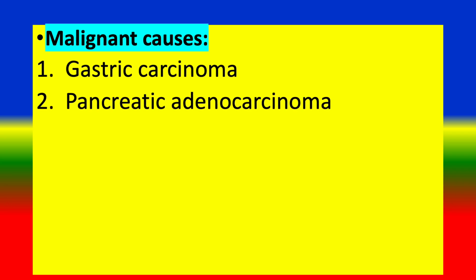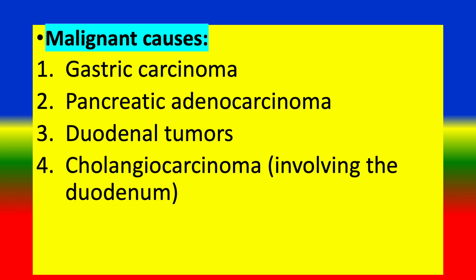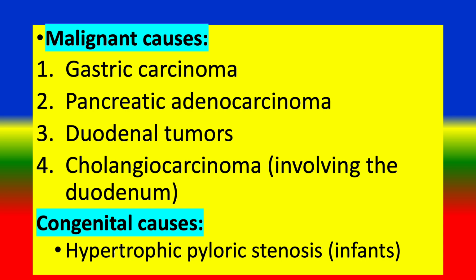Gastric carcinoma. 2. Pancreatic adenocarcinoma. 3. Duodenal tumors. 4. Cholangiocarcinoma involving the duodenum. Congenital causes: hypertrophic pyloric stenosis in infants.